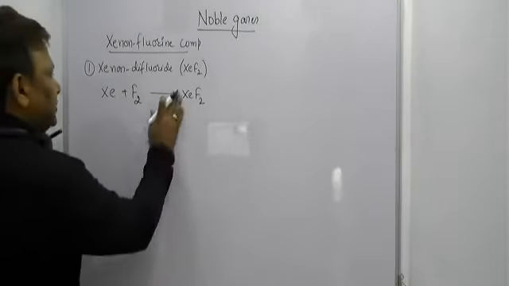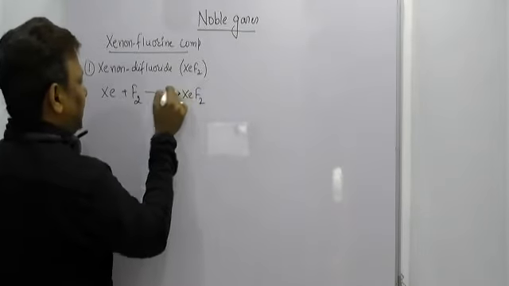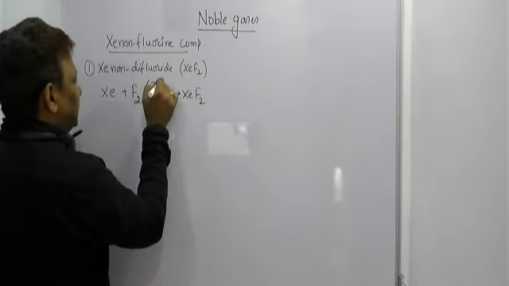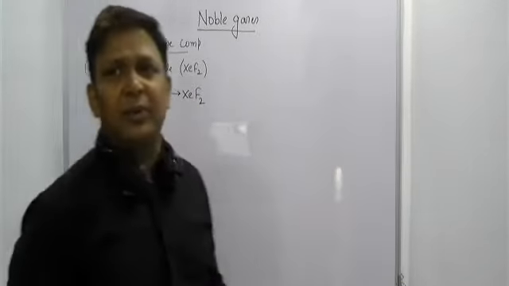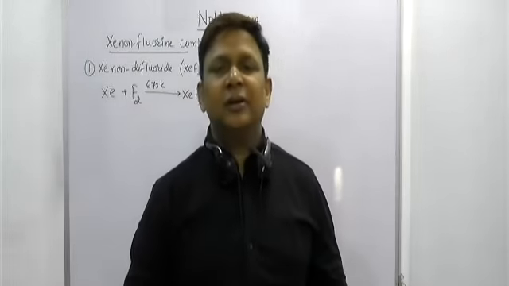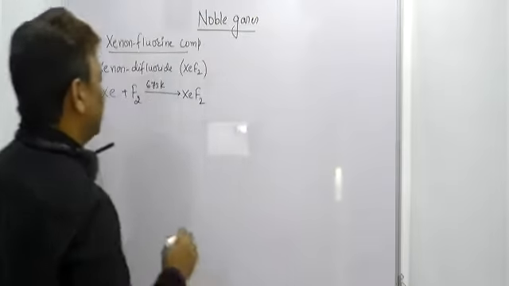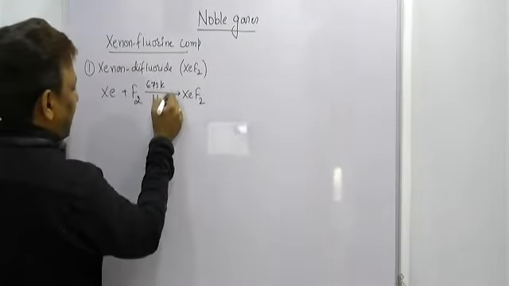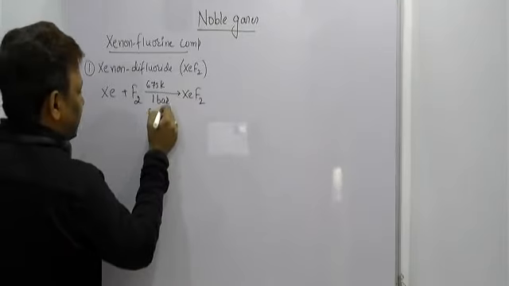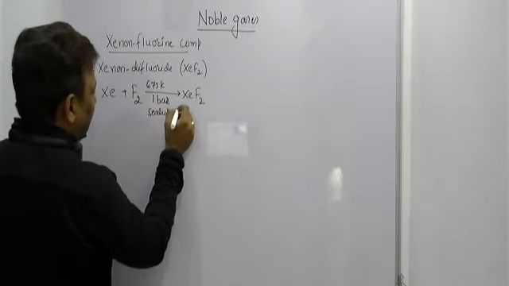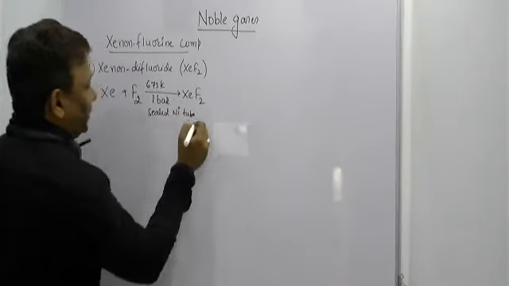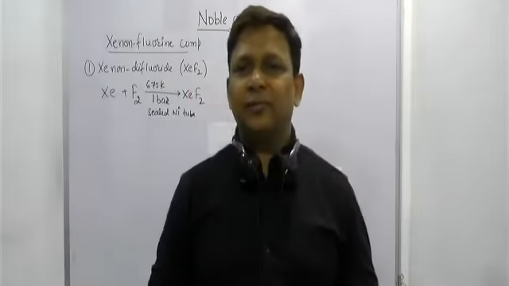But if you want to see the pressure and temperature at NCERT level, they gave 673 Kelvin as the temperature, 1 bar pressure, and it should be sealed in a nickel tube. It gives rise to XeF2.